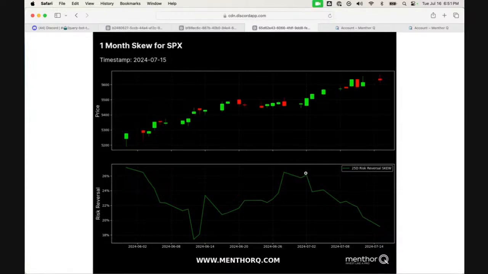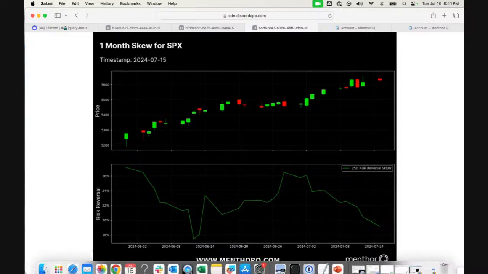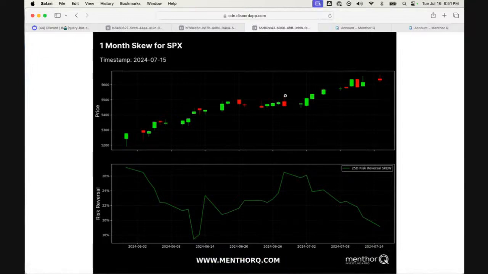And so that's telling us that the market wants to go up. Right now, if we look at where the risk reversal model is, it's in a normalized range. Puts and calls are relatively fairly priced. So the demand for calls is kind of waning. And that's just showing the model going out 1 month.